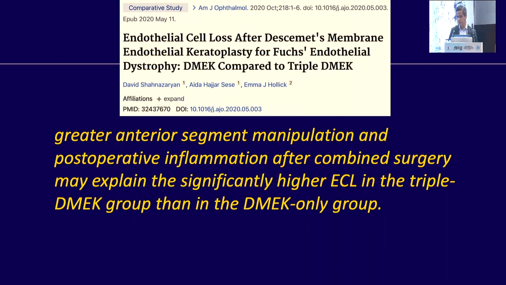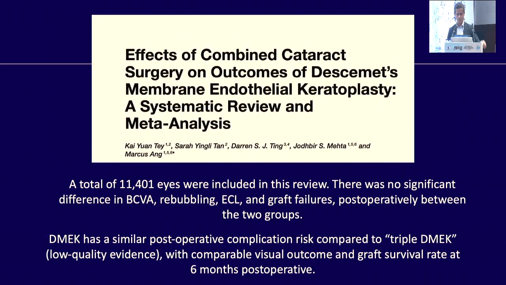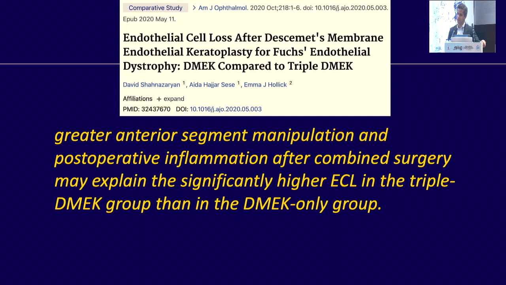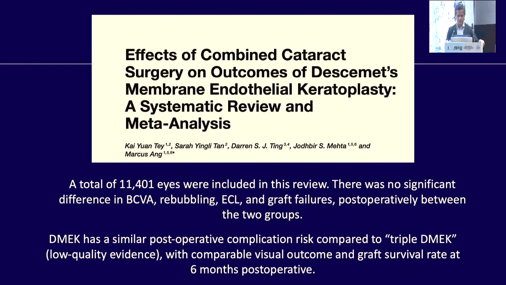And here's what the actual paper says: you have greater anterior segment manipulation and post-op inflammation after combined surgery. That might explain significantly higher endothelial cell loss in triple compared to the DMEK-only group, although the paper did not show a higher incidence of cystoid macular edema in one group compared to the other. So we really still don't know.